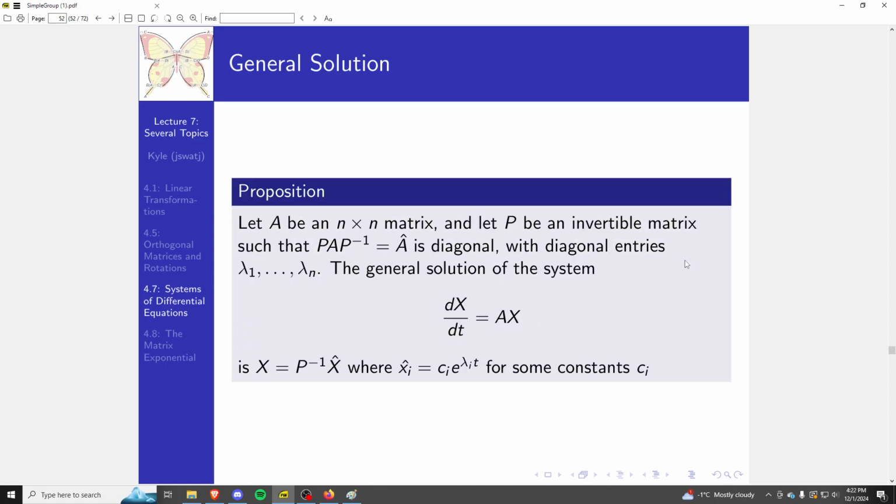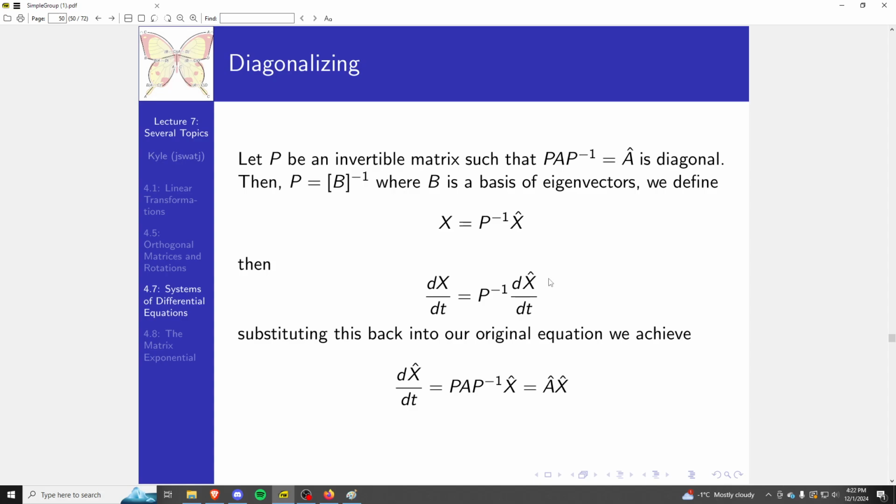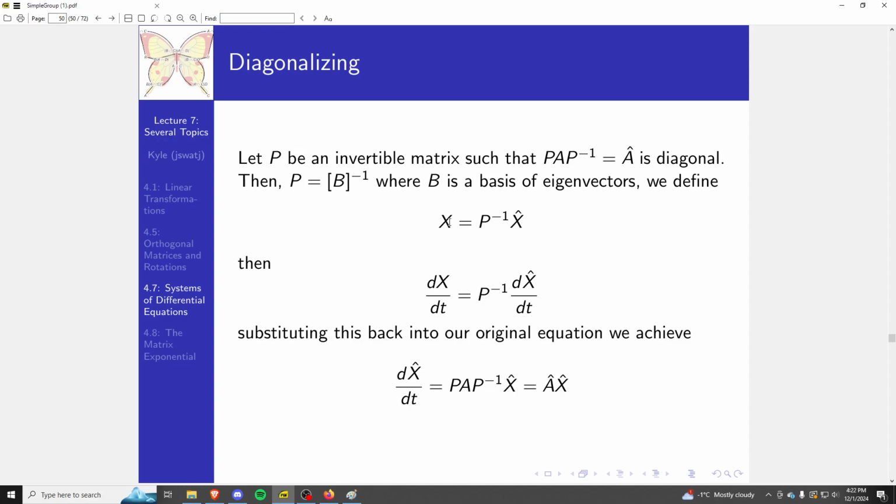But the main result of this is that if A is an n by n matrix and P is an invertible matrix such that this holds, such that this is diagonal, with diagonal entries lambda 1 to n. What is x hat? X hat is some vector here such that we can break the solutions down into P inverse and x hat.